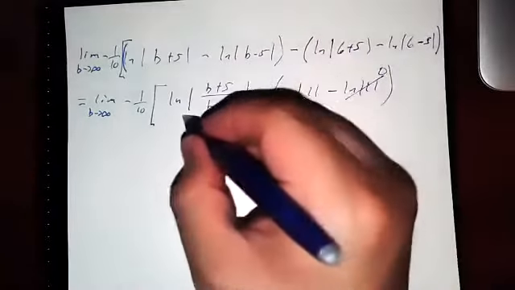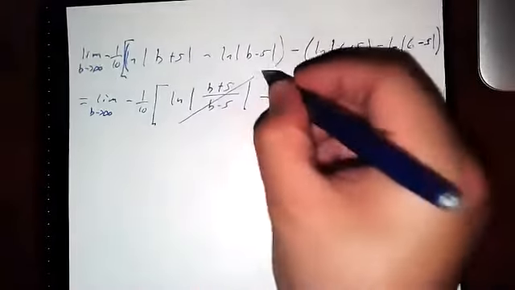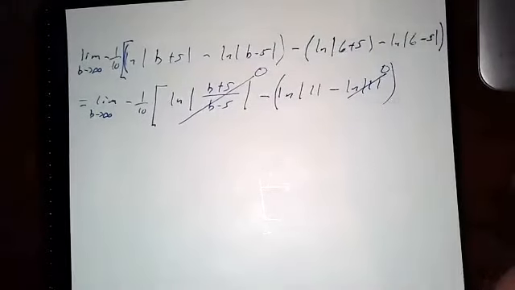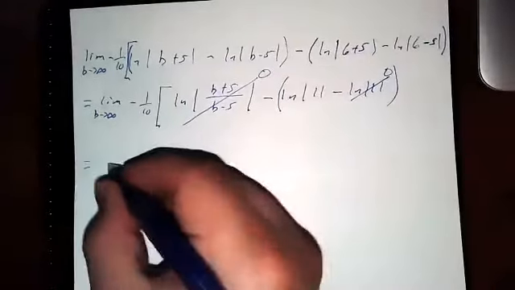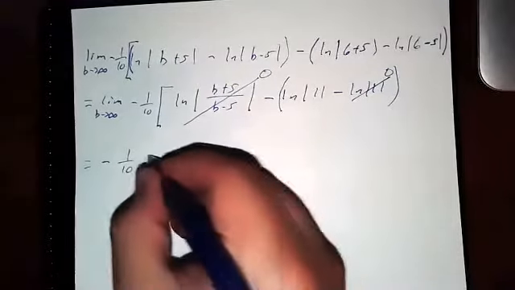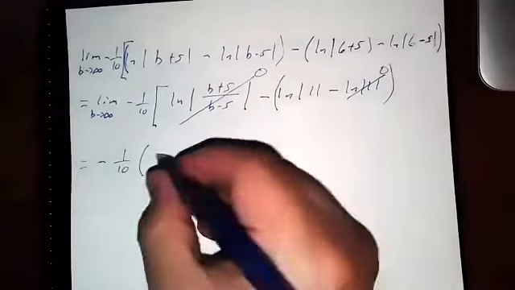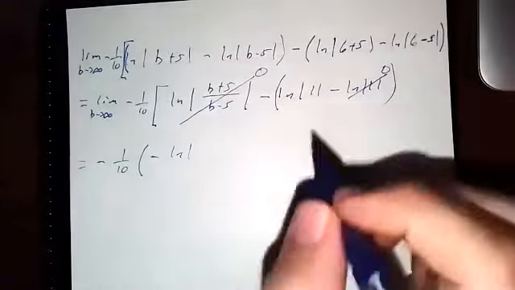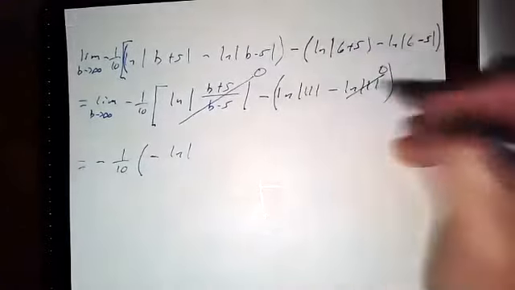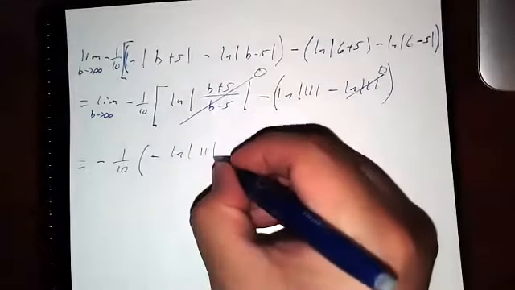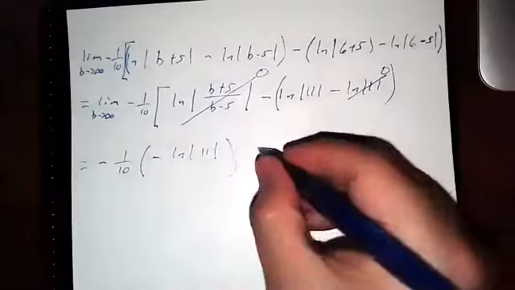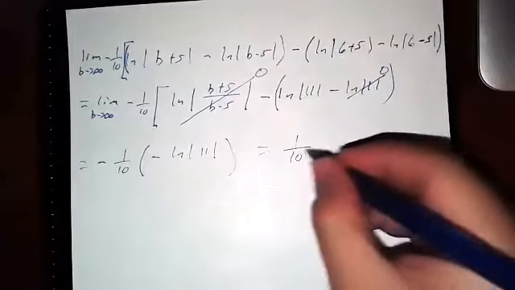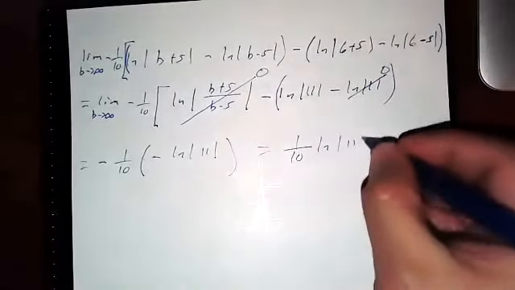So this will go to 0 because you'll end up with just a 1 inside when you take the limit, leaving you with finally just a negative 1/10 times negative 11, negative ln of 11. Which is 1/10 ln 11.